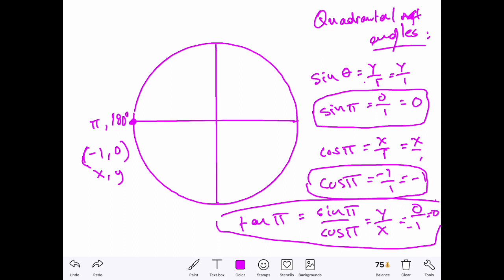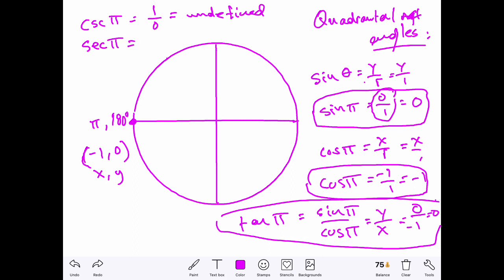Okay, let's do our reciprocal functions. Cosecant of pi would just be sine of pi flipped over. Well, 0 over 1 flipped over is 1 over 0. Uh-oh, that's what? You got it, undefined. How about secant of pi?